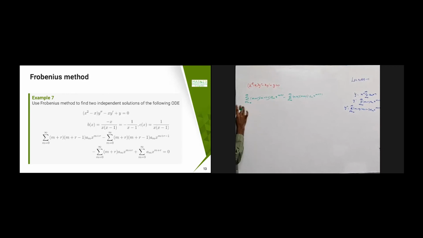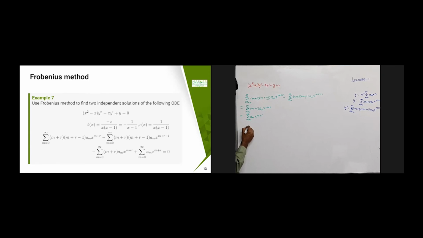Plus again minus summation m equal to 0 to infinity (m plus r) into am into x power m plus r. Plus summation m equal to 0 to infinity am into x power m plus r. So I can sum these terms together.